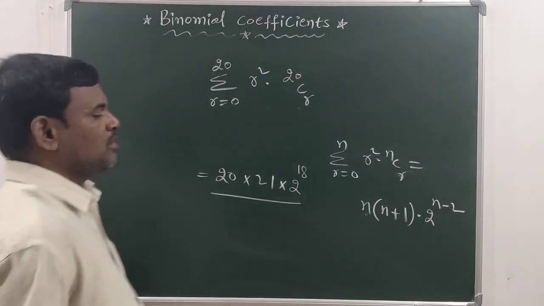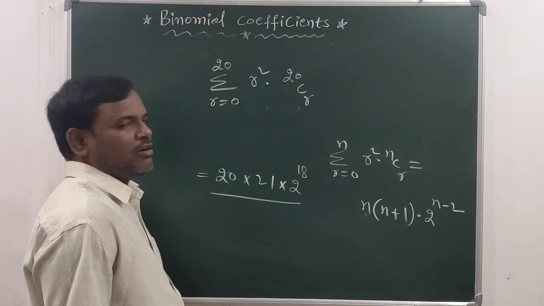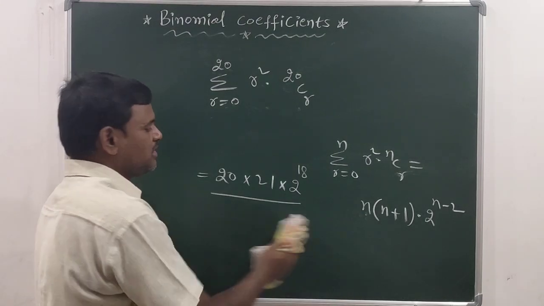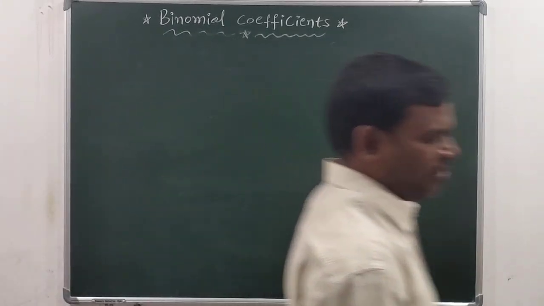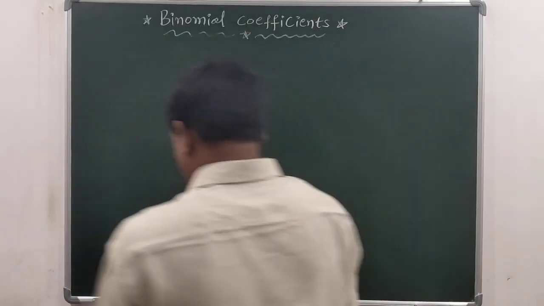Right, students? Now, one more model of problem is there based on this identity. Even this was given in previous Mains. See that question.